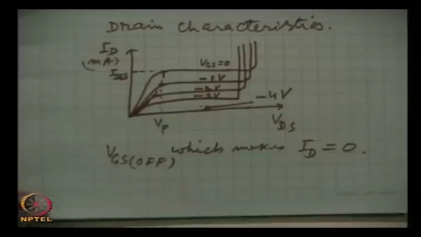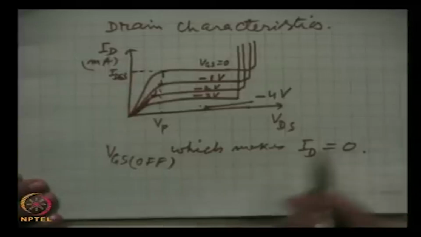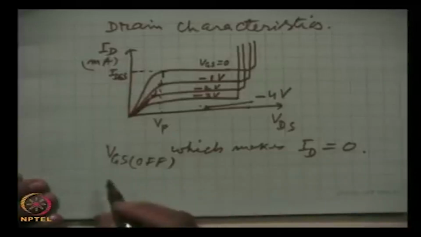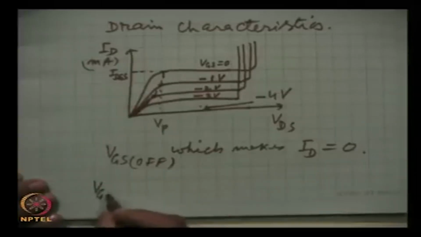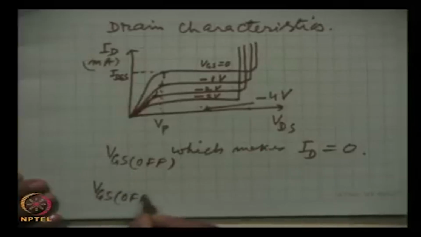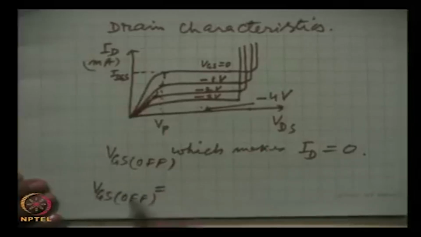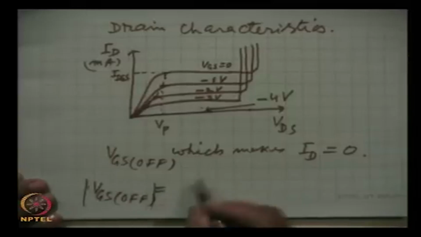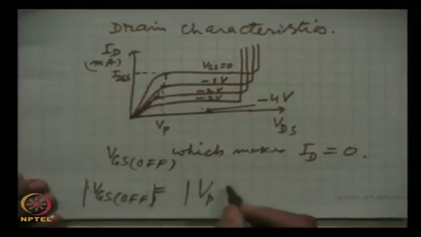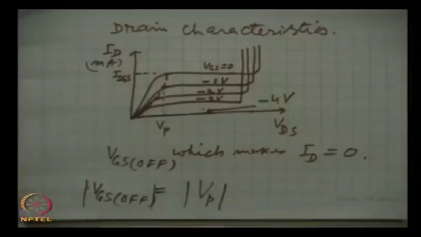And obviously, we will see that VGS off, magnitude wise, is equal to the magnitude of VP.